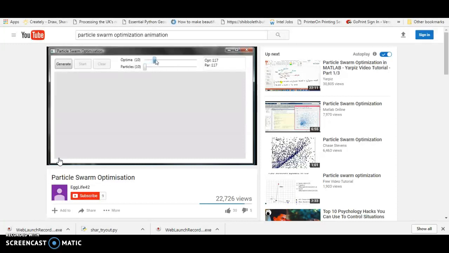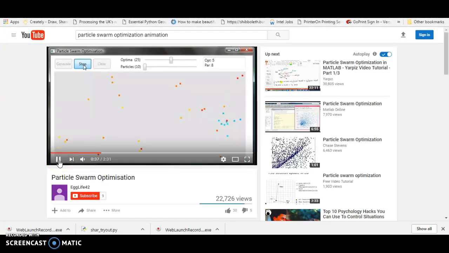As you keep progressing, the red dot, which is the global best, keeps moving around the search space, and the other particles keep moving around the global best, trying to seek the best possible solution. Basically, a particle is nothing but a solution flying around in the search space looking for the most optimum solution.